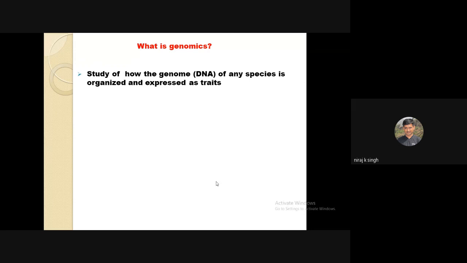Normally in human beings, approximately 50,000 genes are noticed, and the genome size is 3.2 billion. So the genome is nothing but the complete genetic material of a cell. For human beings, the complete genetic material of a given cell has 3.2 billion bases.